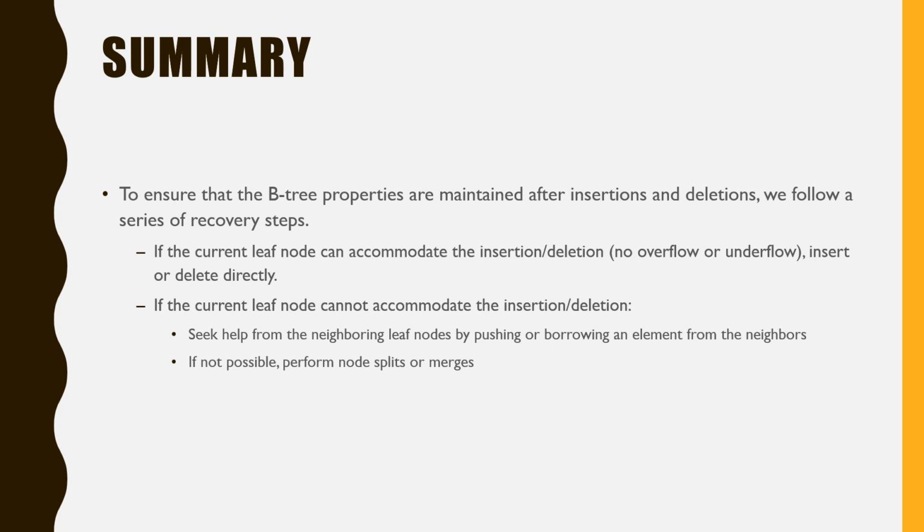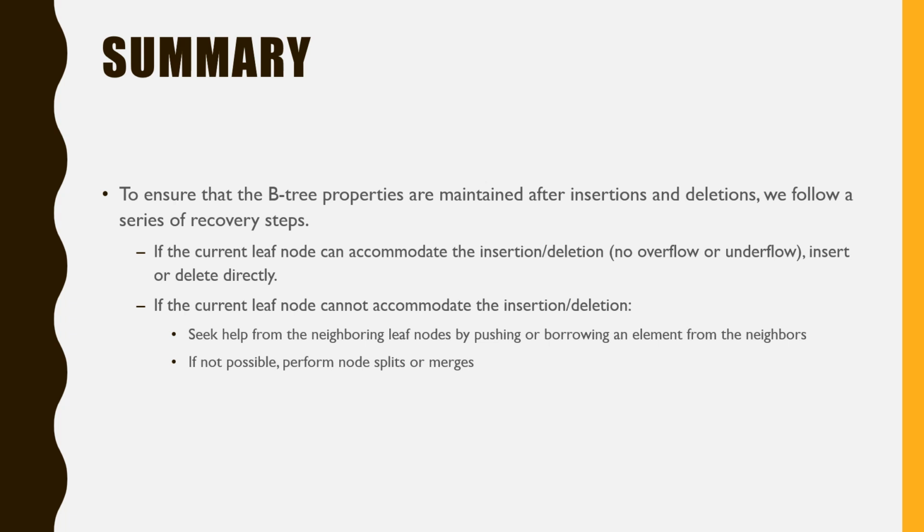Otherwise, if the current leaf node cannot accommodate the insertion or deletion, we first attempt to resolve the issue by seeking help from the neighboring nodes. For an overflow caused by insertion, we try to push an element to a neighbor. On the other hand, for an underflow caused by deletion, we try to borrow an element from a neighbor.